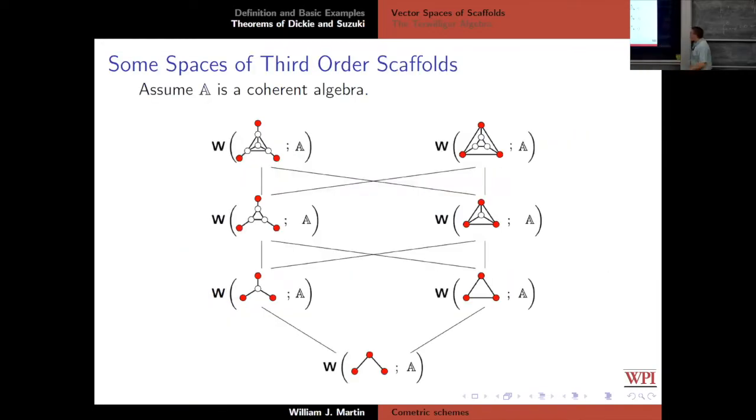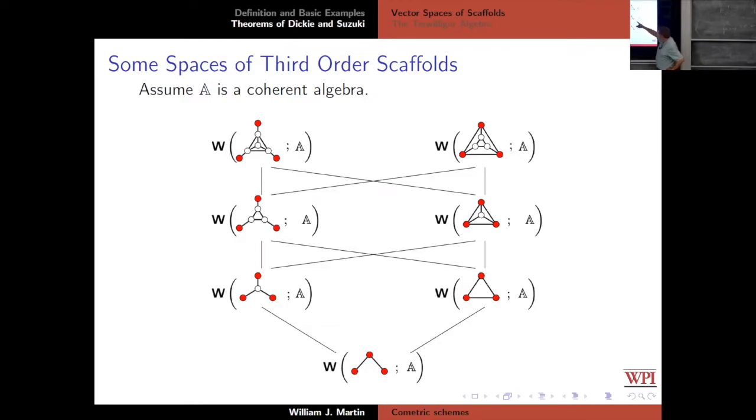So for example, for third order tensors, a lot of this is in Paul's paper from the 1980s. Third order scaffolds. You have this diagram here. This space of scaffolds is contained in both this and this because it's a subgraph of this one and it's a minor of this one. I can contract an edge here, I can delete an edge to get down to that one.